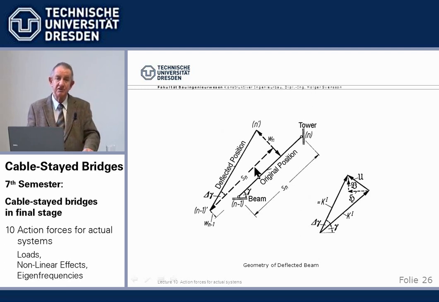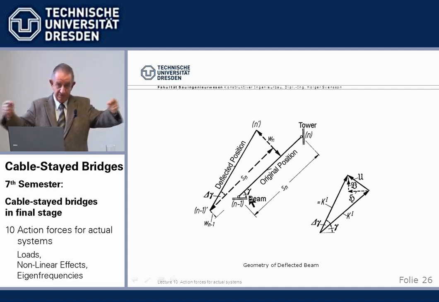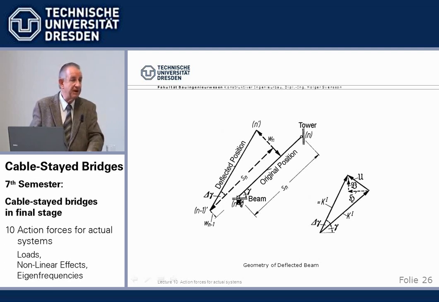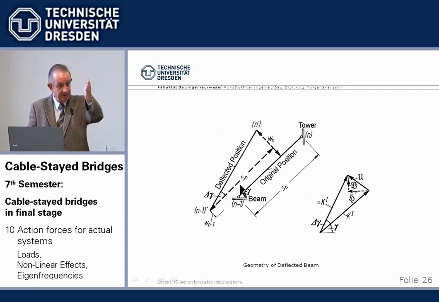We have an increase of moments because of the, say, shifting of the normal force in the beam. If I have a load, the beam shifts down, bigger lever arm, bigger moment. That's okay, what we expect. That's the regular reason for an increase, non-linear increase of a compression member, deflection, movement of the normal force, additional moment.